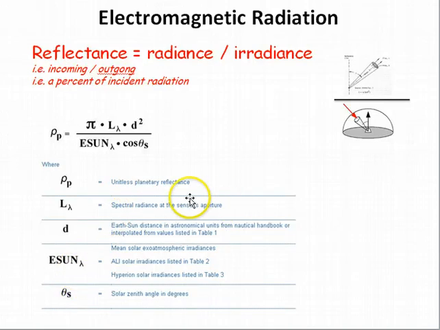Essentially, they're taking that measured radiance from the sensor, and then they're taking a whole bunch of other variables that quantify that irradiance, or how much energy there actually was incident upon the surface. Irradiance is modeled for each wavelength based on what we know the sun is emitting in the different wavelengths, and then also a whole bunch of settings that describe the location where the radiance was collected.